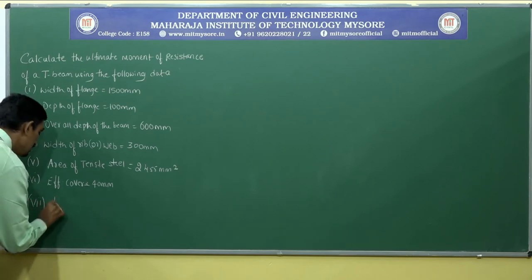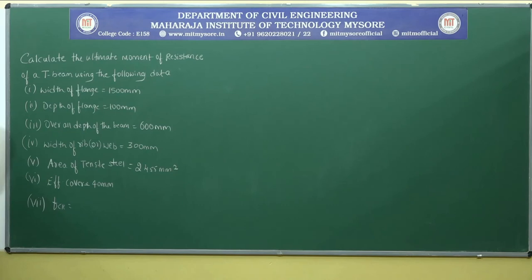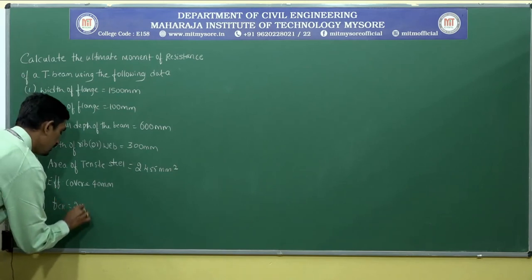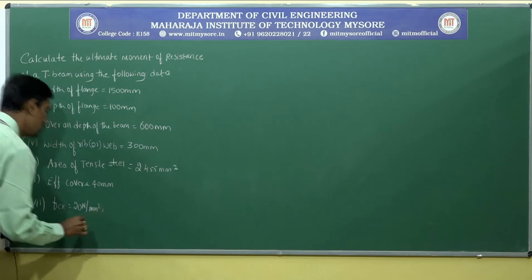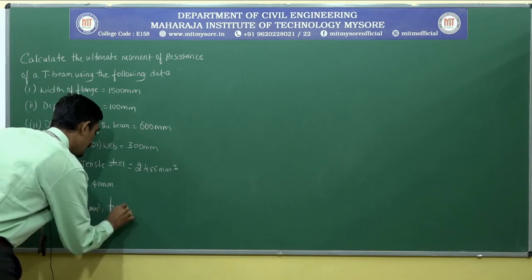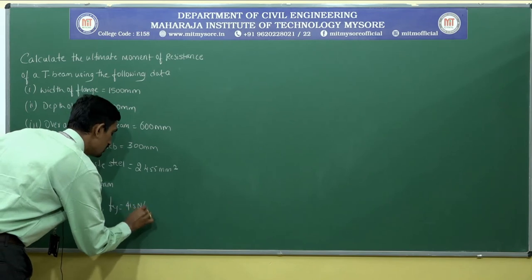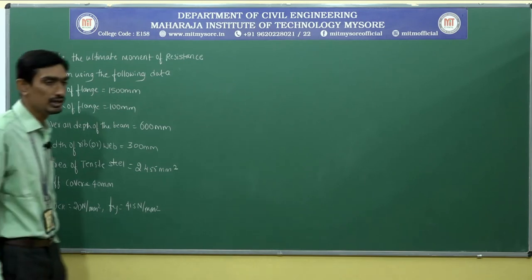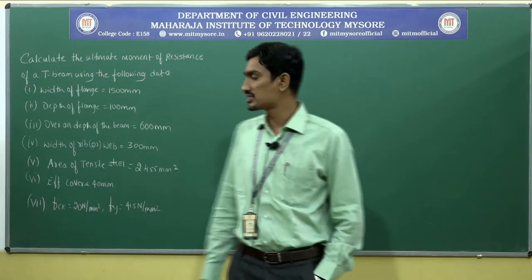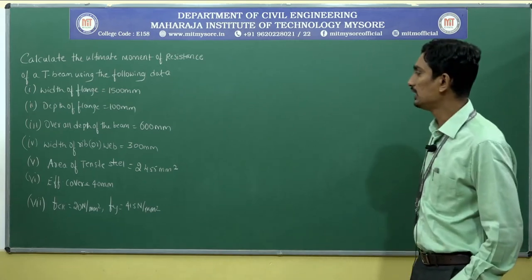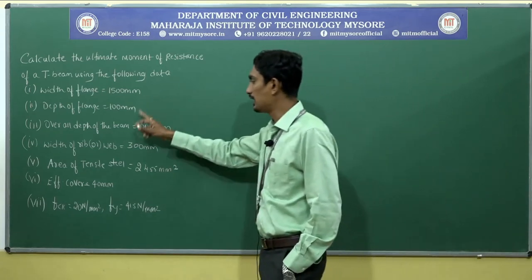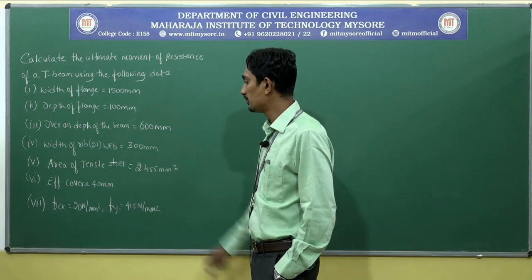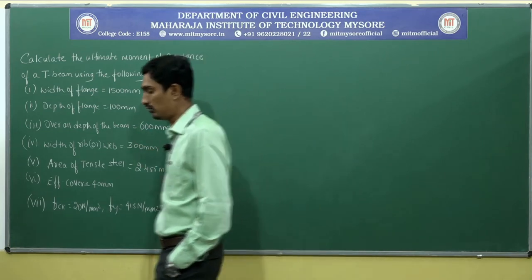Next, FCK, the grade of concrete, they have given 20 Newton per millimeter square, and the grade of steel 415 Newton per millimeter square. So this is the problem they have given: calculate the ultimate moment of resistance of a T-beam using the following data. These are all the data: width, depth, overall depth of the beam, width of the web, area of tensile steel, effective cover.